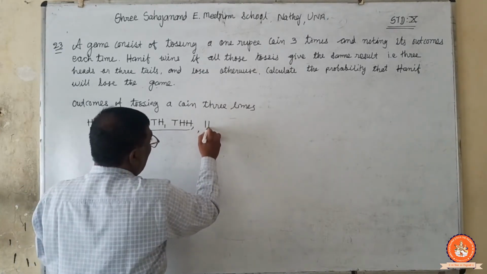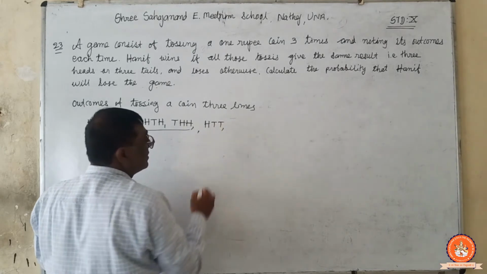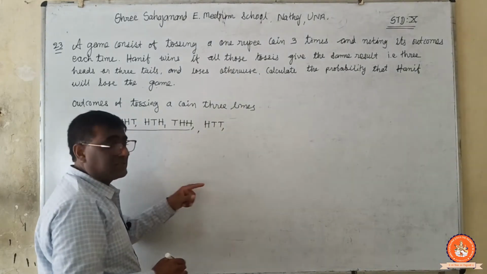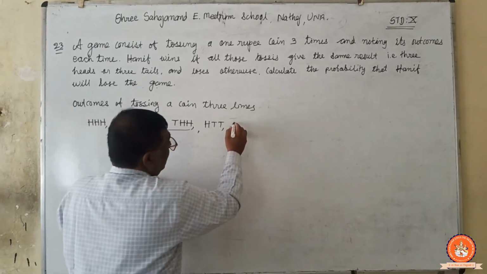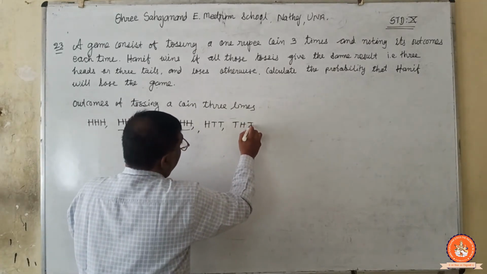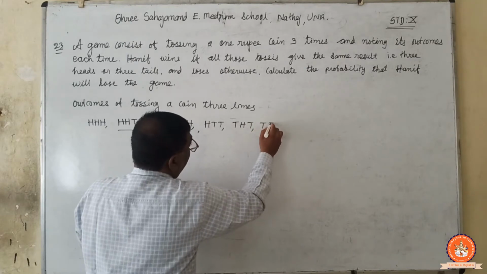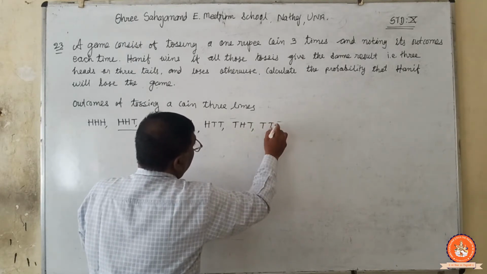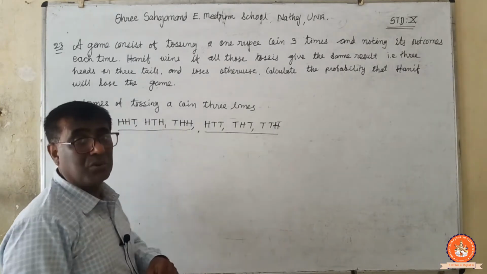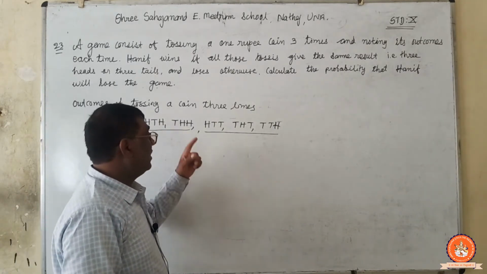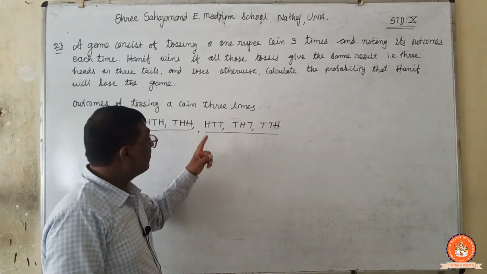It will be HTT. Here head is first, on the first instance, meaning first trial. Now THT, then TTH. Okay, these are the outcomes in which there are 2 tails and 1 head. But look at the position of the head itself.